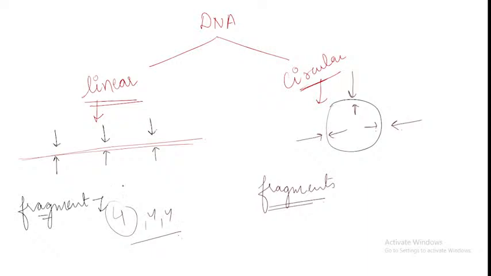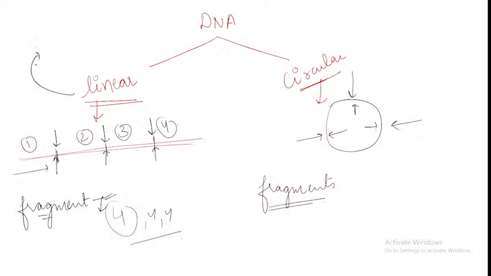Just calculate. See, there are 3 areas where the cutting is getting done. Cut is getting done. So we have 1, 2, 3 and 4 fragments. So what does it mean? That there would be 4 fragments formed. Remember about it.